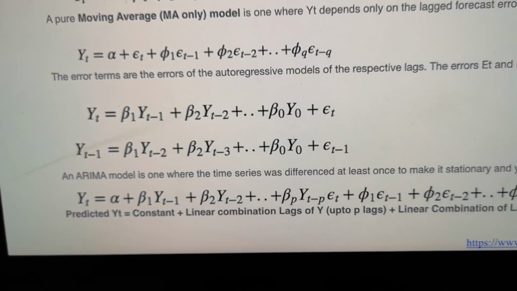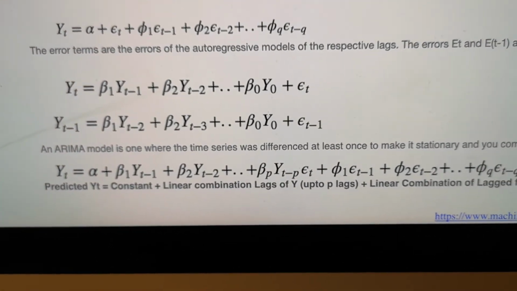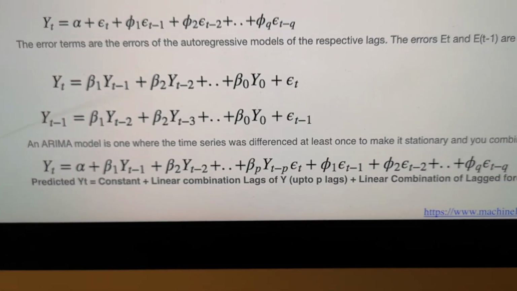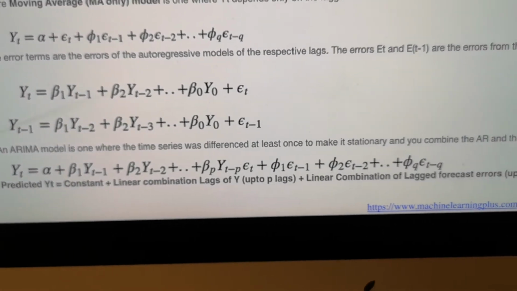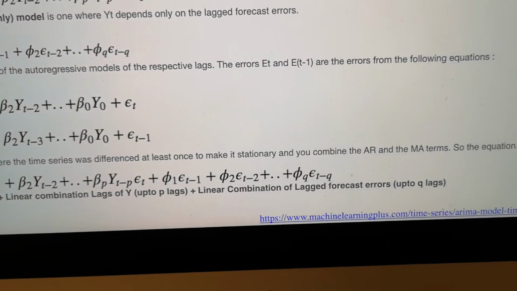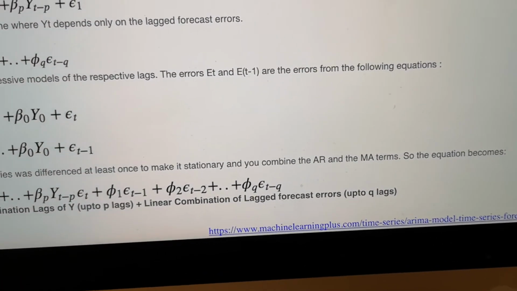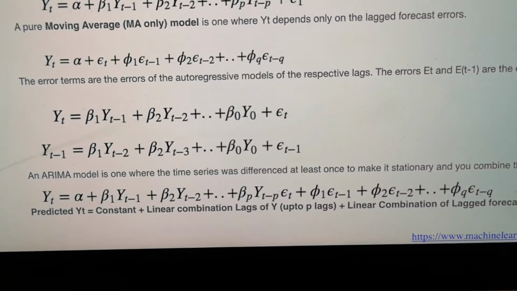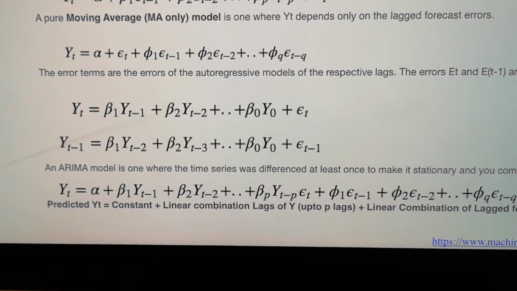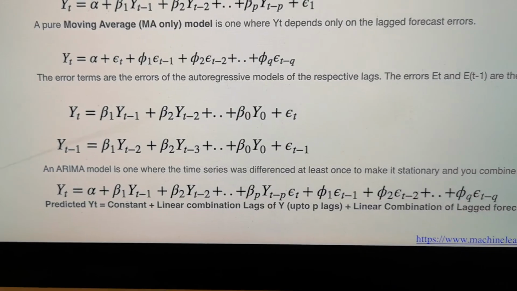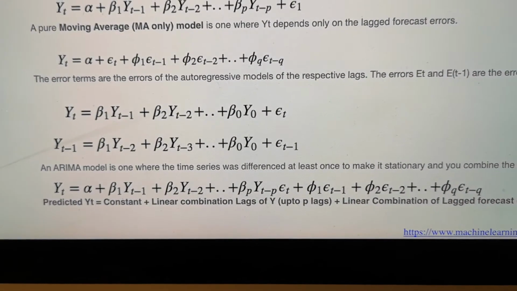To summarize, the ARIMA model is one where the time series is differenced until it is stationary, and then the AR and MA models are combined, so we get the equation of Yt with a relationship to previous values and with some relationship with the error term.